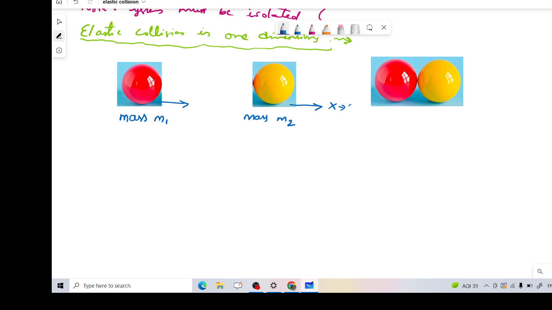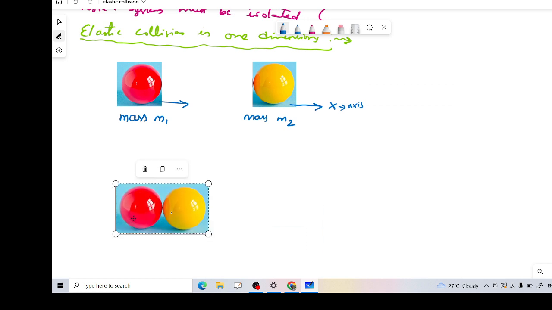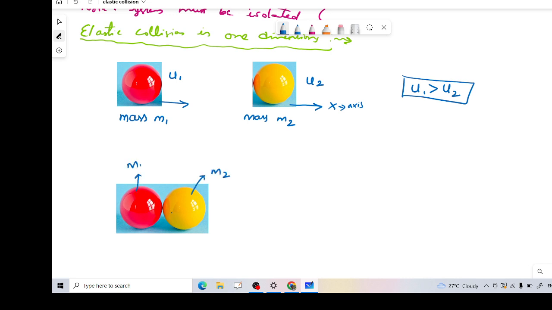To make a collision, mass m1 is moving with velocity u1 and mass m2 is moving with velocity u2. The condition must be that u1 is greater than u2, then only the objects will collide with each other. After traveling some distance, m1 and m2 will make a collision.